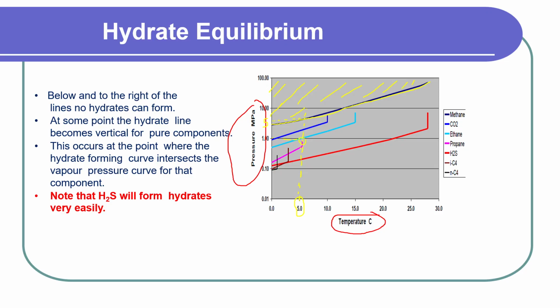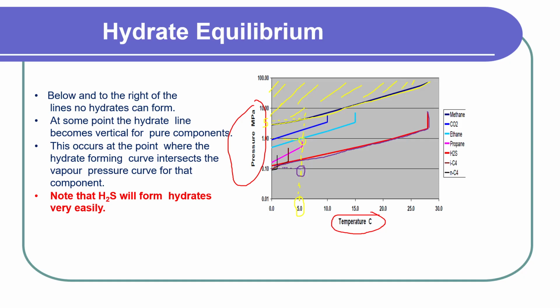Now if you have another component, let's look at H2S. This is the H2S line, and we can explain what we mean by the vertical one later on. For H2S, if you have 5 degrees Celsius and only 0.1 megapascal, the gas hydrate will not form.